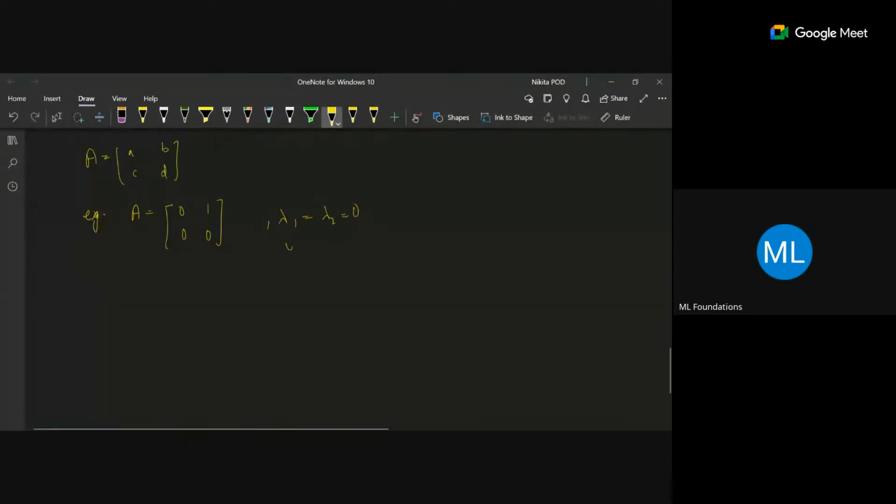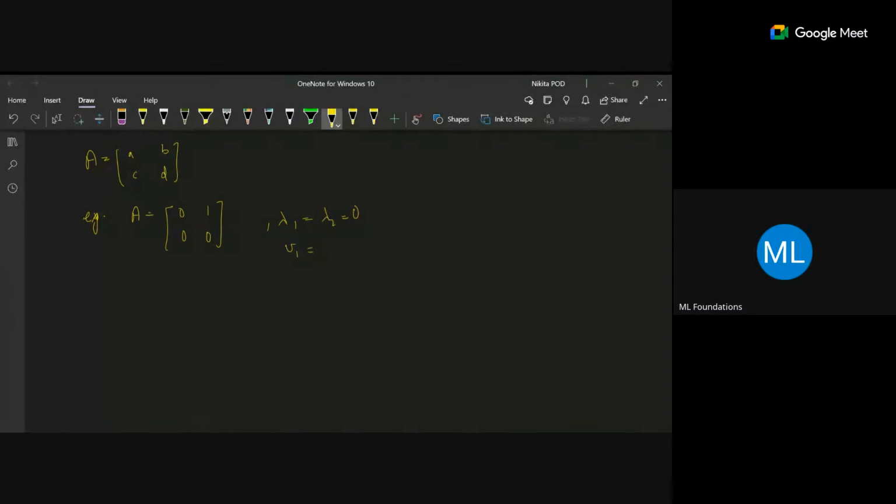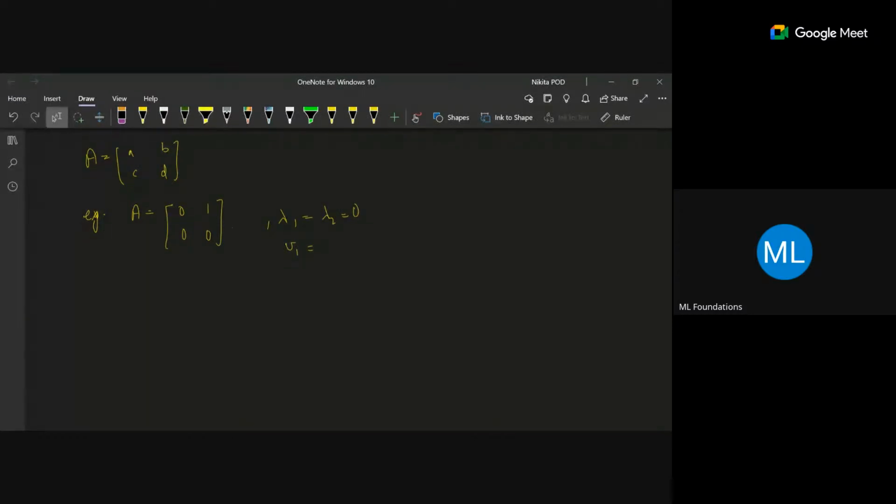So v1, null space of A. So can you tell me why this matrix cannot be diagonalizable? It has only one eigenvector, right? So it has just the eigenvector 1 0, so this is not diagonalizable.